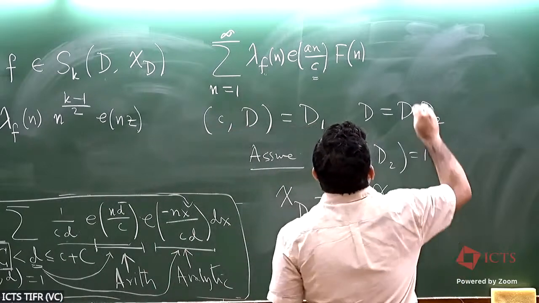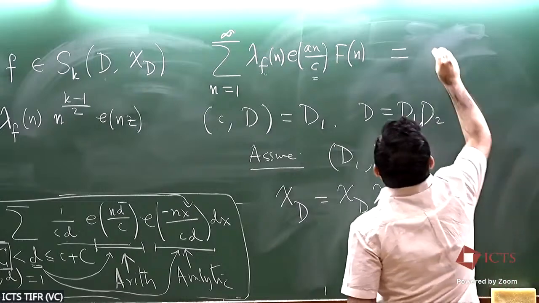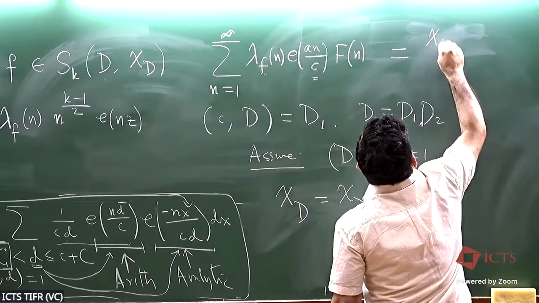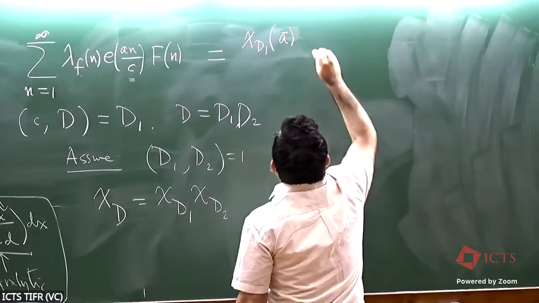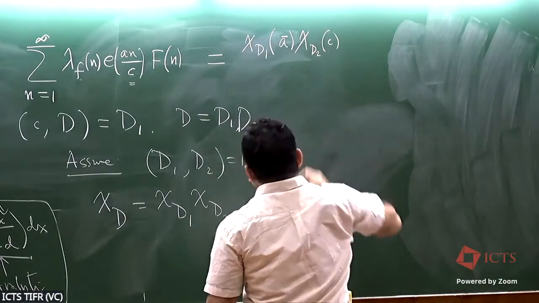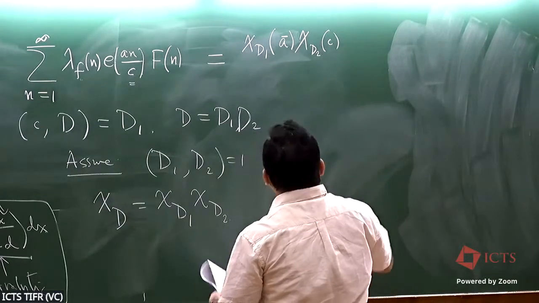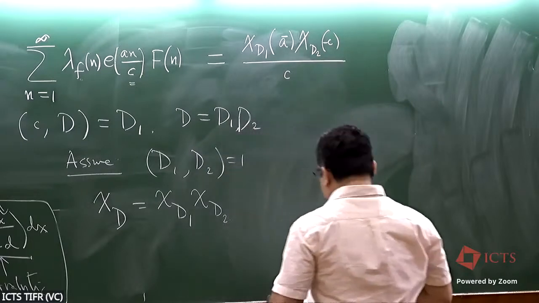So the formula will look like this. There will be chi of D1 at a bar, and chi D2 at c, maybe with a minus sign somewhere, divided by c.